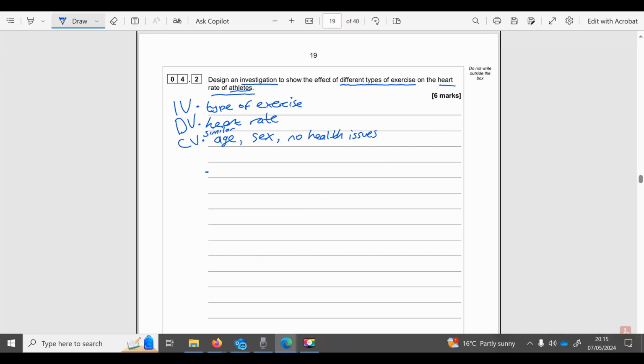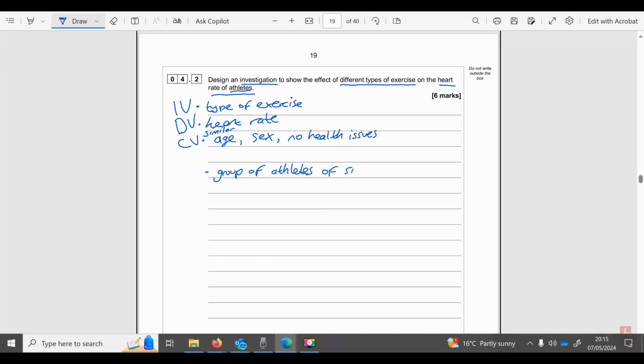So now that we figured out our variables, we just want to get it set up. Remember we were saying that we want to use athletes. So what we'd want to say then is we want to get a group of athletes. You can give a number if you wish, but just have a group of athletes. Remember, you want them to have a similar age.